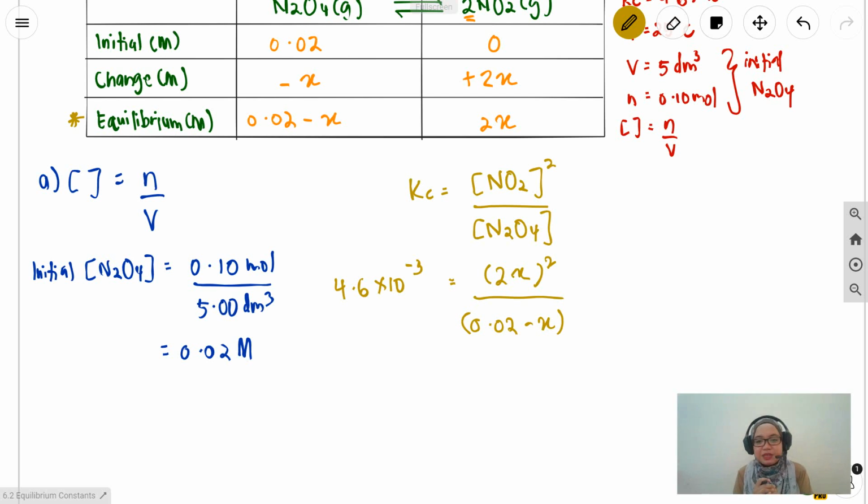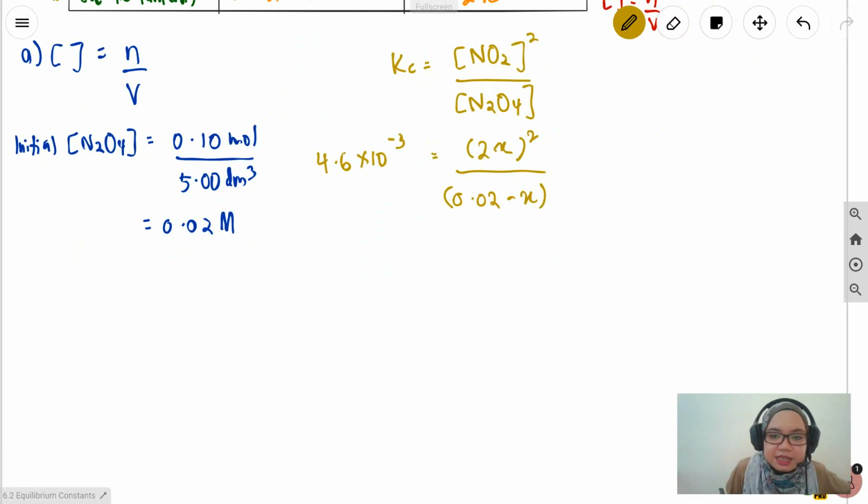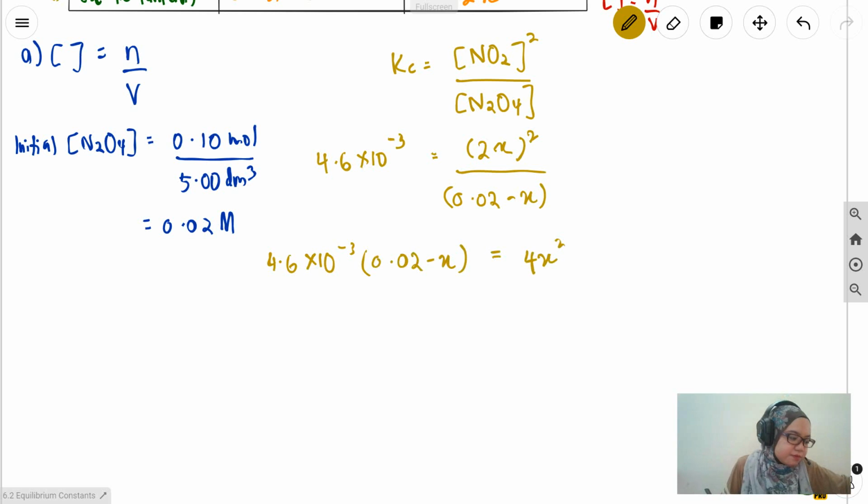This one you have to expand into a quadratic equation, just like you do in mathematics. So this one you times with this one, right? So 4.6 times 10 to the power of negative 3 times 0.02 minus x equals 4x squared.